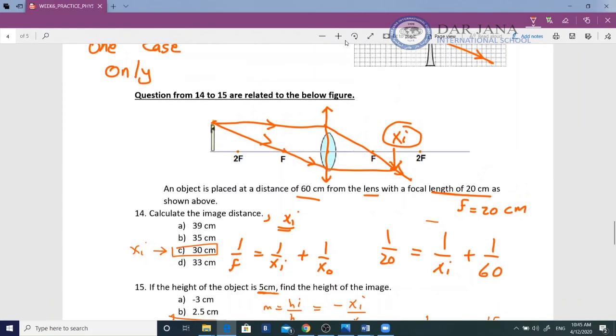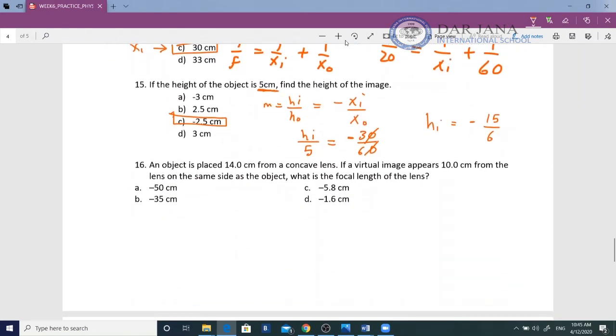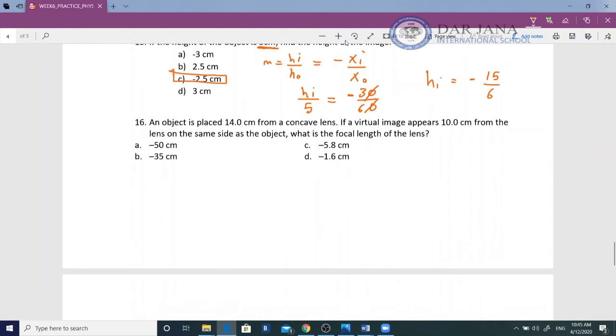Another question. An object is placed 14 centimeter from a concave lens. If a virtual image appears 10 centimeter from the lens, okay, so we have here, this is xo. It's a concave lens.